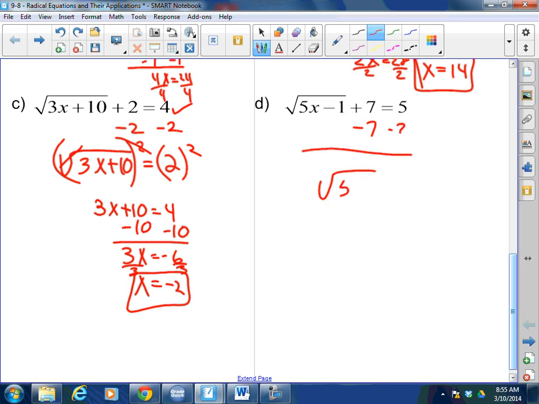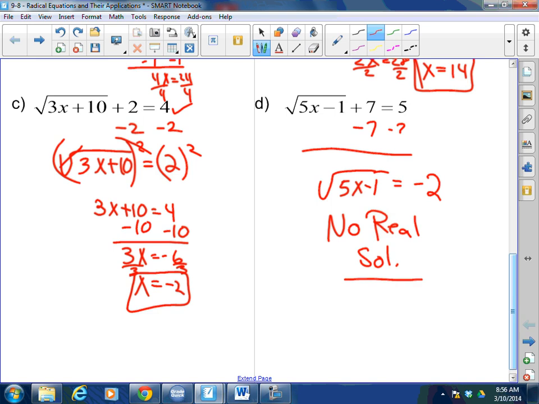I got the square root of 5x minus 1 equals negative 2. Okay, what do I do now? Wrong. You do nothing. It's no solution. Actually, that's wrong as well. There's no real solutions.